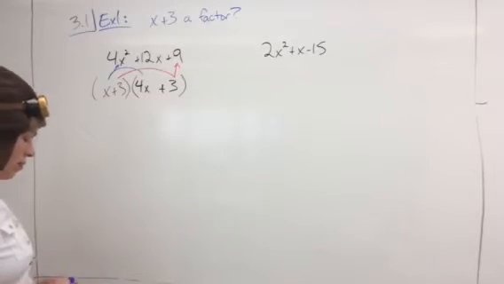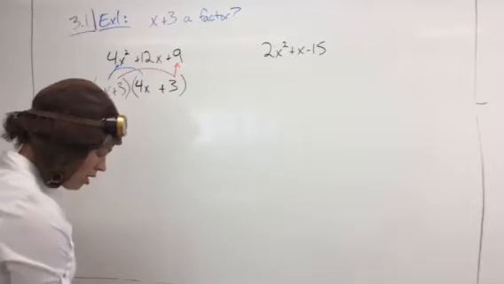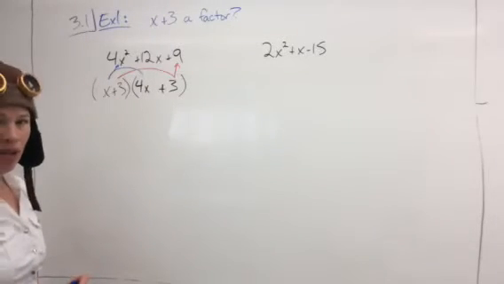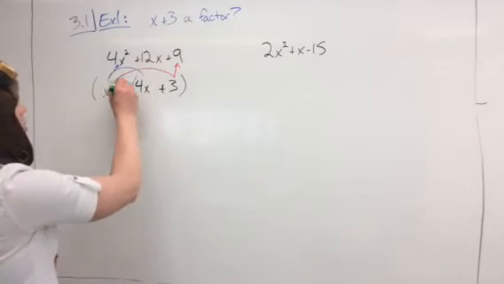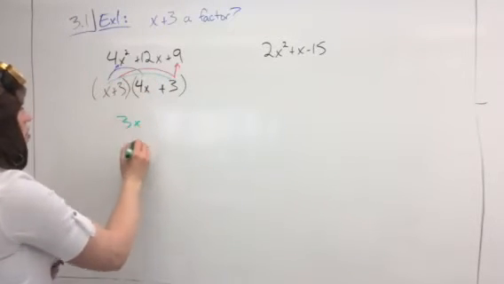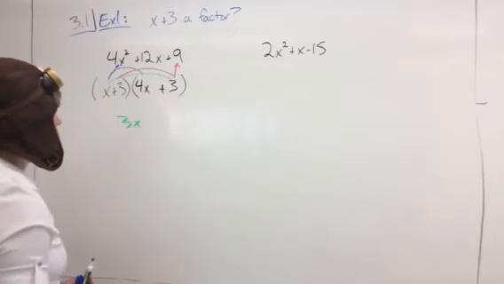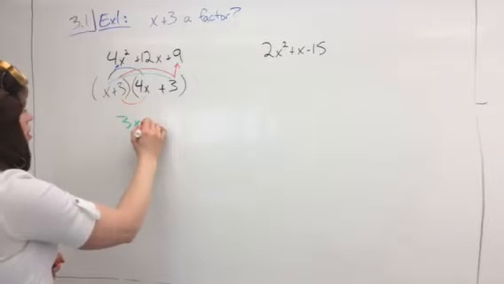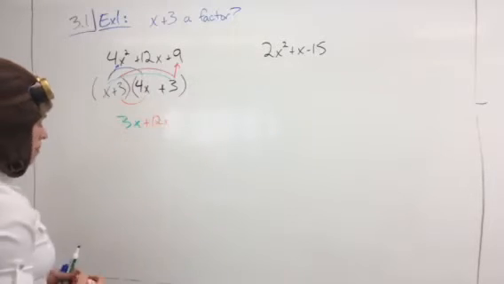I've got my first and outside working, but my inside and last, perhaps not. Let's see. X times 3 is 3x. 3 times 4x is 12x.